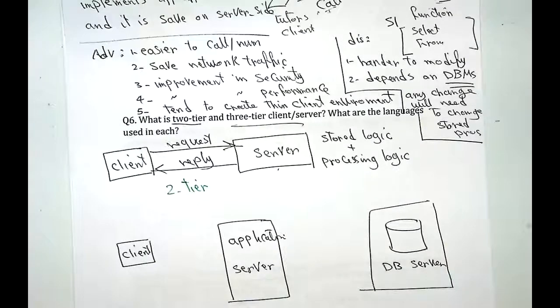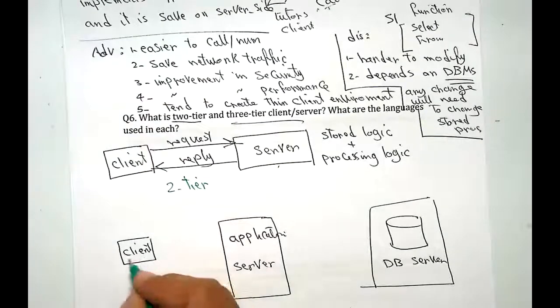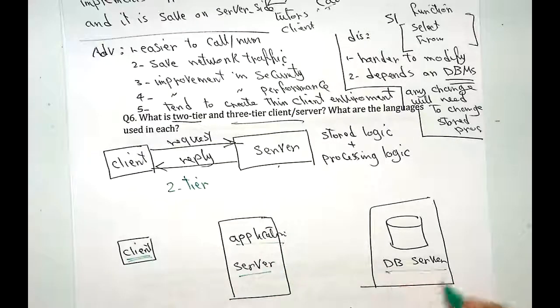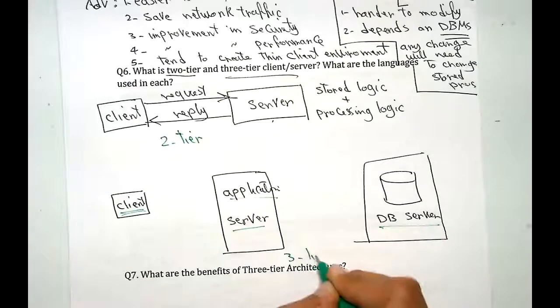This is now more common for big business. So we have the client as 1 tier, the application server as another tier, and the database server as the 3rd tier. This is called the 3-tier architecture.